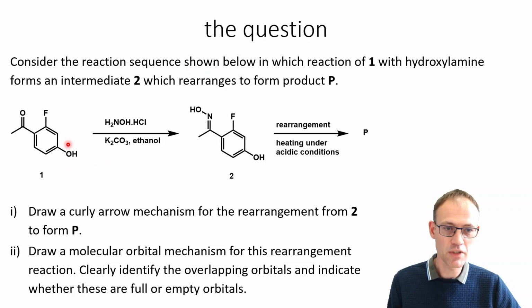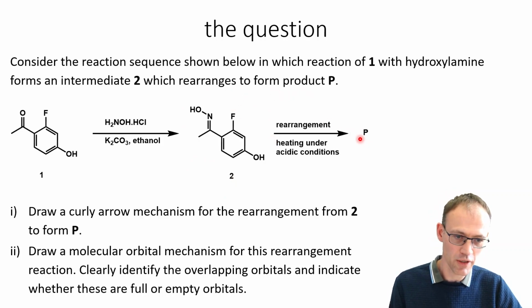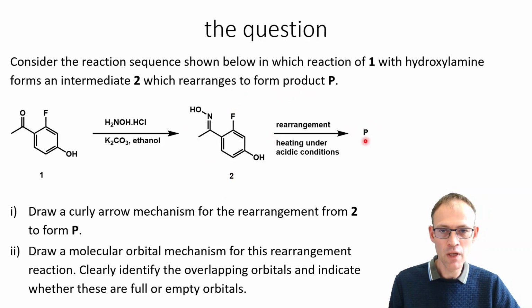We have a starting material that reacts with hydroxylamine and it forms an intermediate 2 which rearranges to form product P. And the questions were to draw a curly arrow mechanism for the rearrangement from 2 to form the product P, and the second part of the question was to draw a molecular orbital mechanism for this rearrangement reaction, and I asked to clearly identify the overlapping orbitals and indicate whether these are full or empty orbitals.